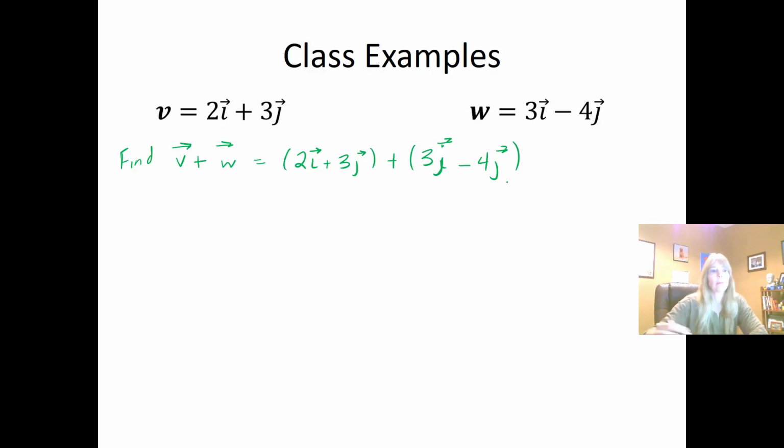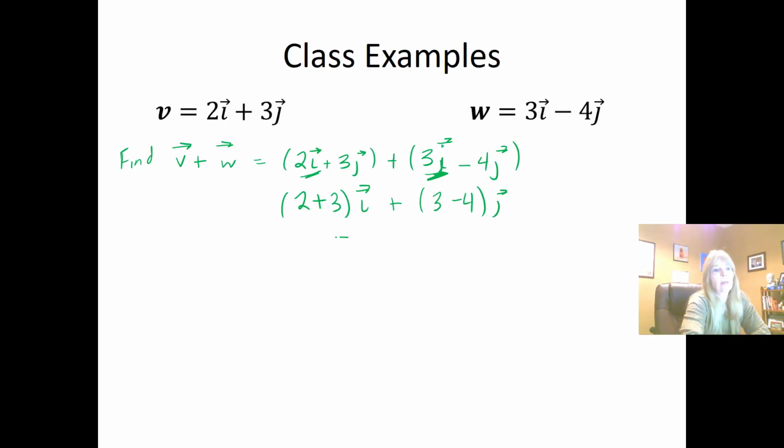And then, as you can imagine, by the properties, I can take out my values. And so notice I'm going to put the i's together. Okay, so I grab that one and this one. And then the j's together. And so I get 5i minus that vector j.